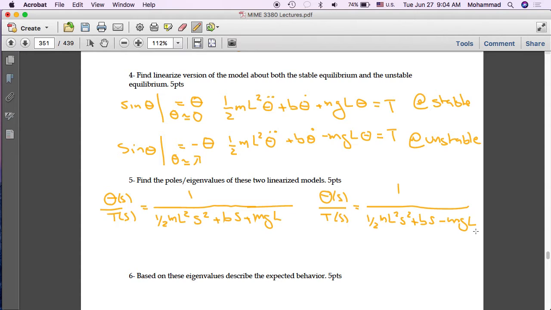And now you're ready to calculate the poles. You deploy the quadratic equation to find the two values of s that will make the denominator go to 0. So it's minus b, which happens to be b in this case, plus minus square root of b squared minus 4 times, so it's 2m squared g l cubed over 2a, so it's over m l squared.